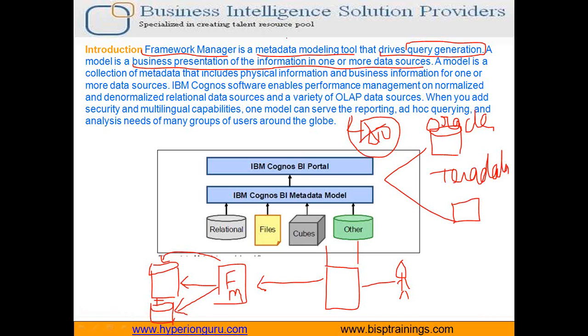So, model the presentation of information from one or more data sources. All the complexity we hide; we don't want users to know about it. A model is a collection of tables and metadata that includes your physical table information and all the data sources. It also talks about IBM Cognos software enabling performance management.